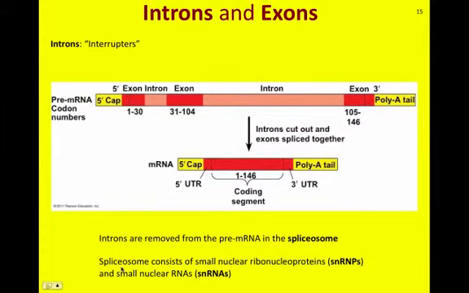Now introns are removed by or in the spliceosome. The spliceosome consists of proteins called small nuclear ribonucleoproteins, or snRNPs, as well as small nuclear RNAs.